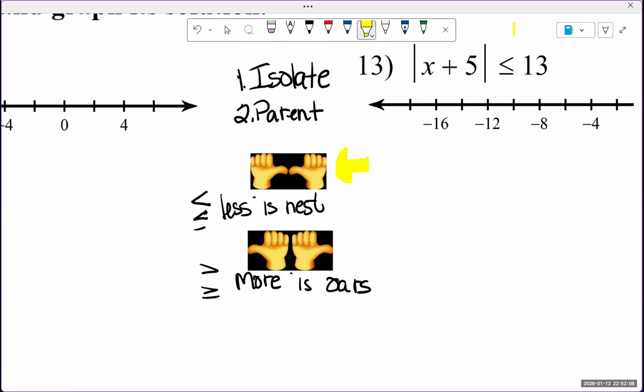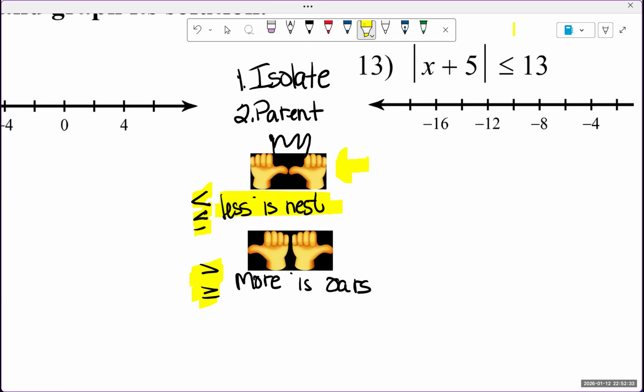But anyway, when you see less than or less than or equal to, you are going to say less is nest, and you are going to make your hands do this and, in fact, tap your thumbs together. And that is a little nest, right? See the nest? Okay.